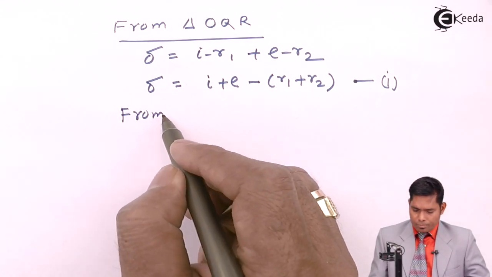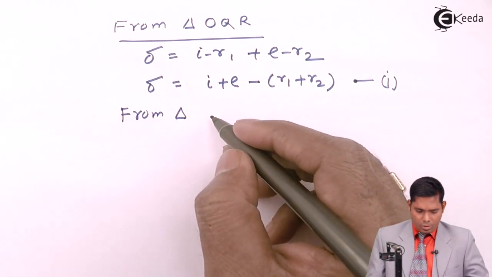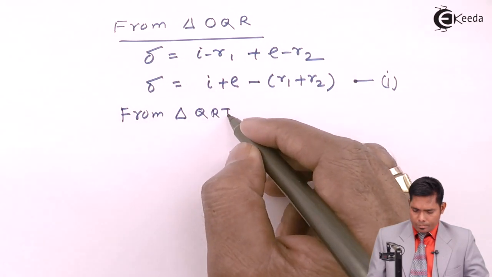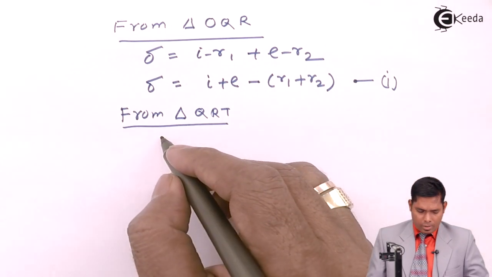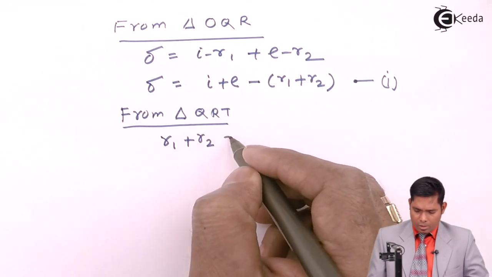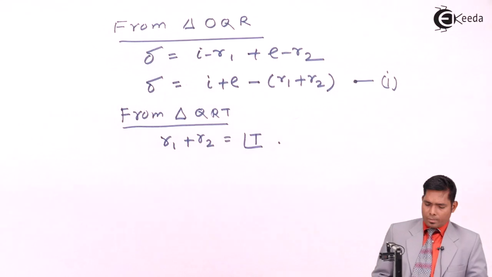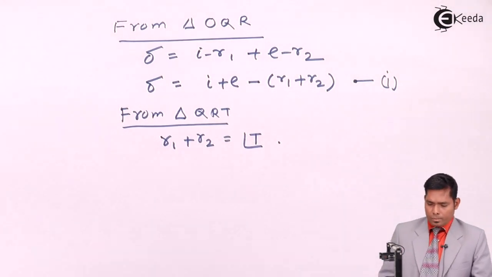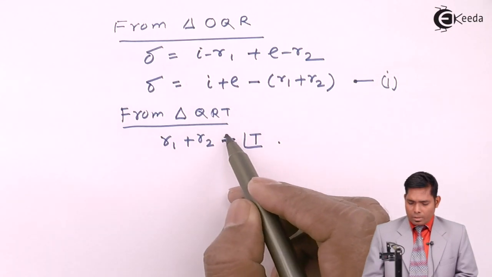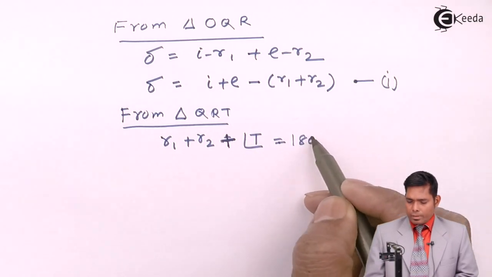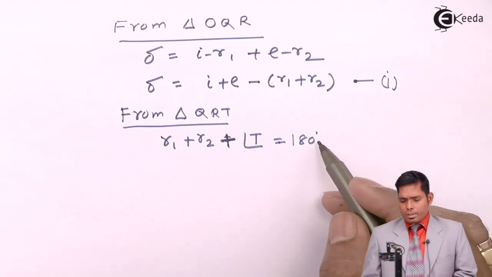From triangle QRT, I can write that R1 plus R2 plus angle T equals 180 degrees. Some correction: the sum of three angles is 180 degrees.